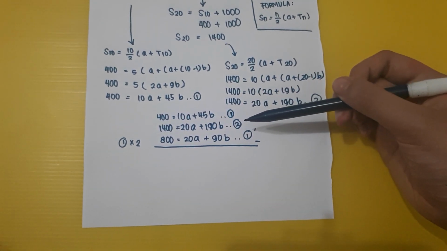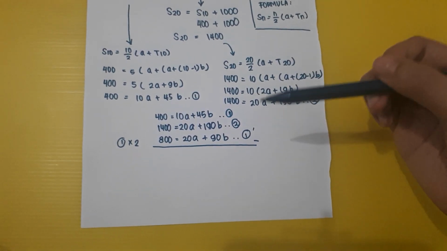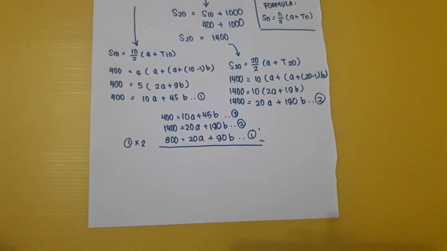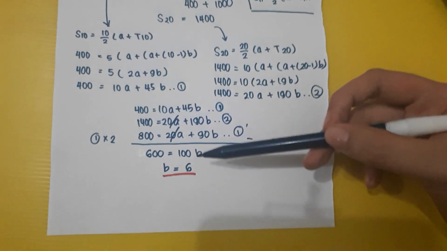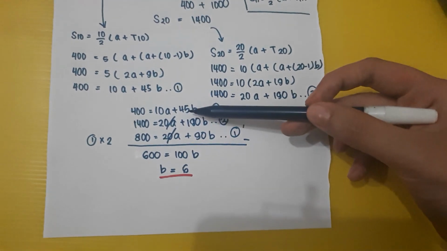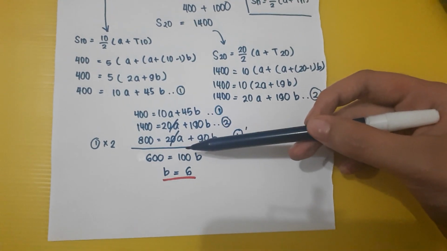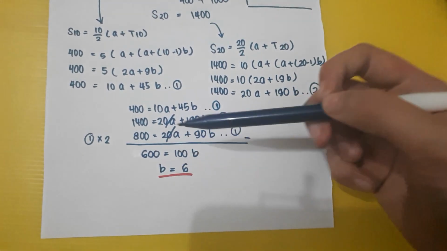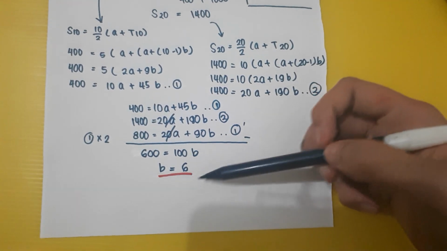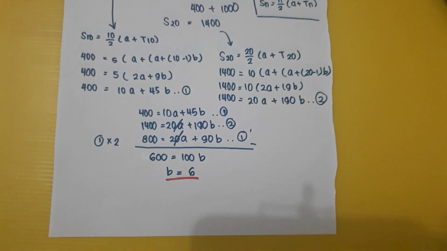Then we subtract the new equation from the second equation and we get this result: 600 equals 100b. 20a minus 20a will be 0, so we don't need to write that down. So b will be 600 divided by 100, and the common difference will be 6.